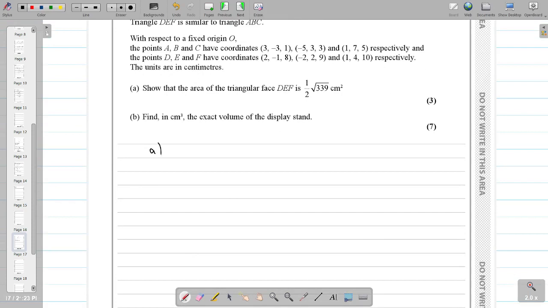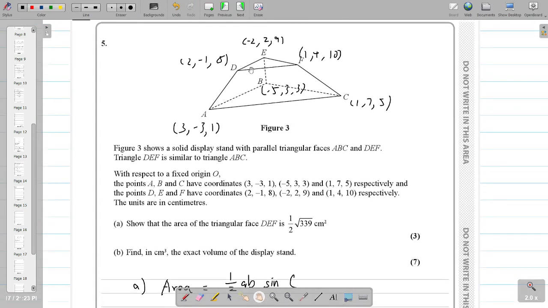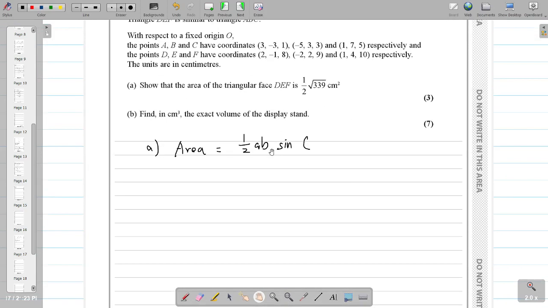So the area of anything is half AB sine C, A and B being this length and sine C being this angle right here. So it's angle EDF.